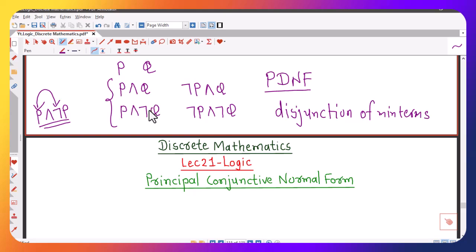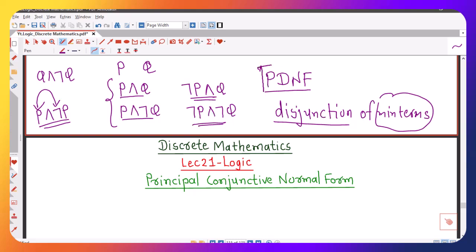Either we have the variable or its negation, but we do not allow p and negation p, or q and negation q. These 4 conjunctions are called min terms of the given two variables. And if we consider the disjunction of these min terms only, then we obtain the principal disjunctive normal form.